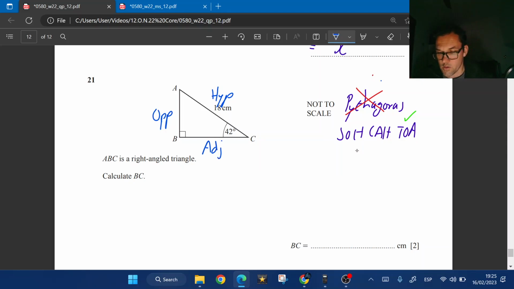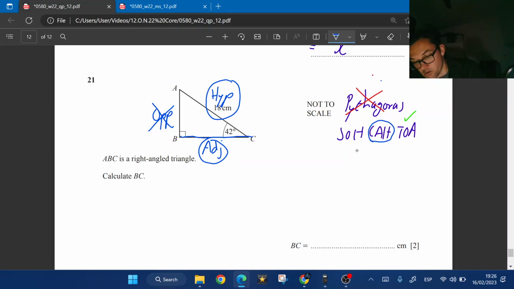Right, what do they want to know? They want to know BC, the edge. What do we have? We've got the hypotenuse, so we're not using the opposite side in this case. We don't want it, we don't have it. We've got adjacent and hypotenuse. Adjacent and hypotenuse means we're going to use the cos rule.